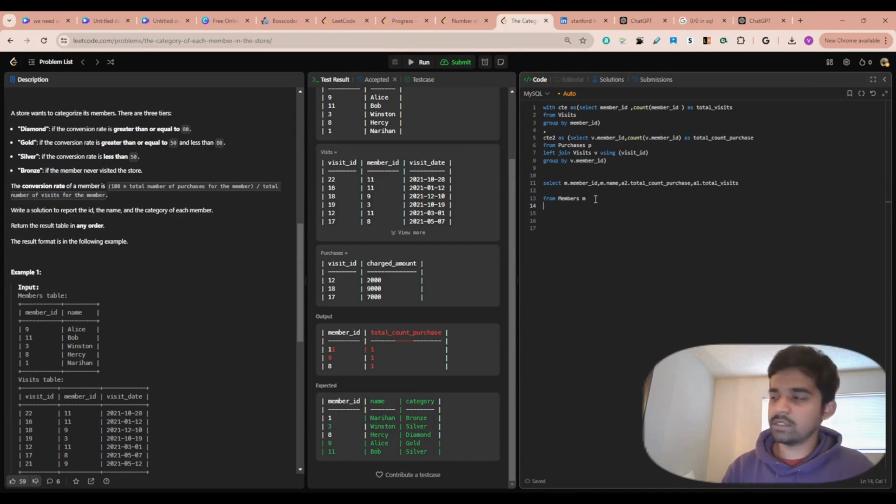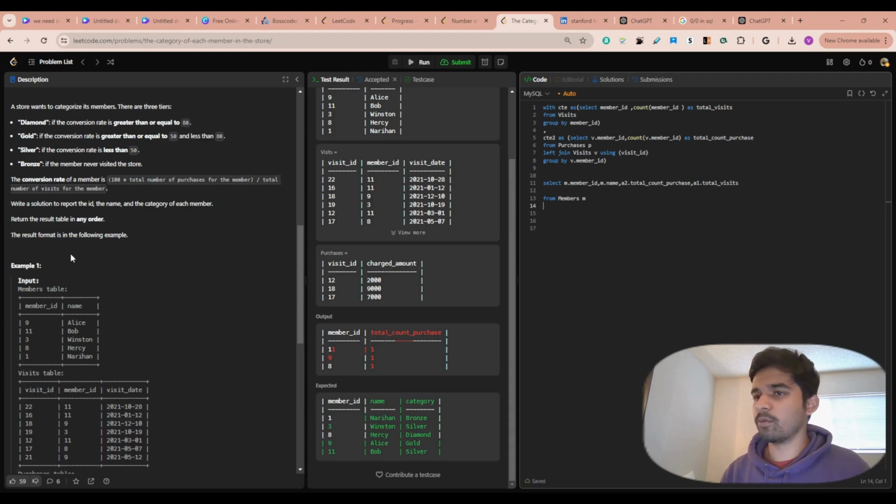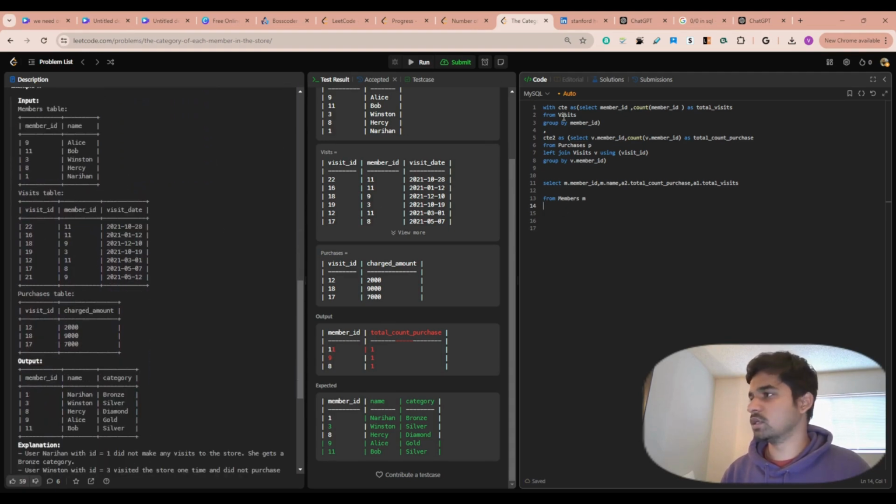The next step is left join both the tables, the CTE and CTE2. Left join CTE A1 using member ID. You could directly use a USING clause, because both have the same column name, that is member ID, this one and this one.